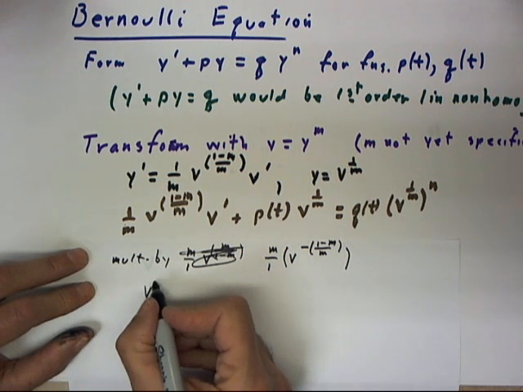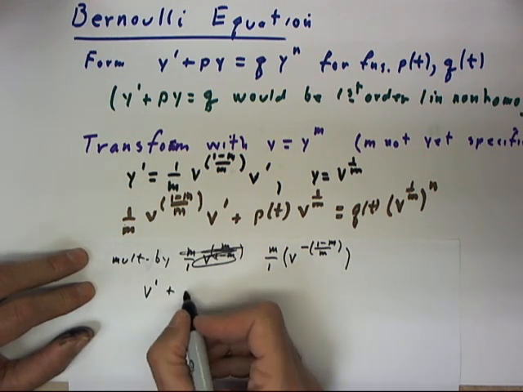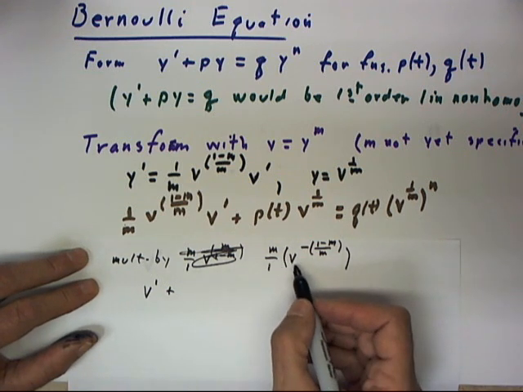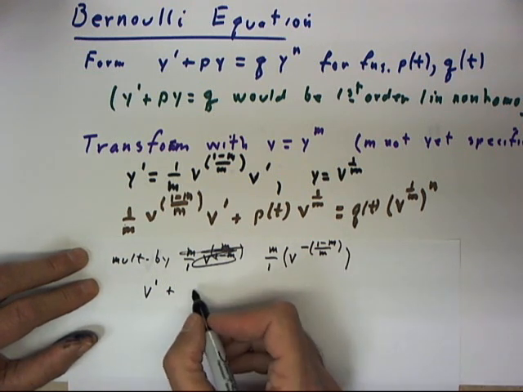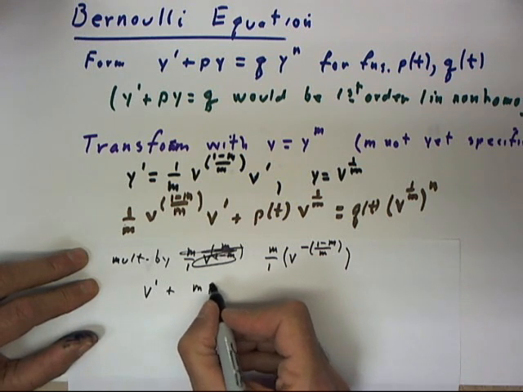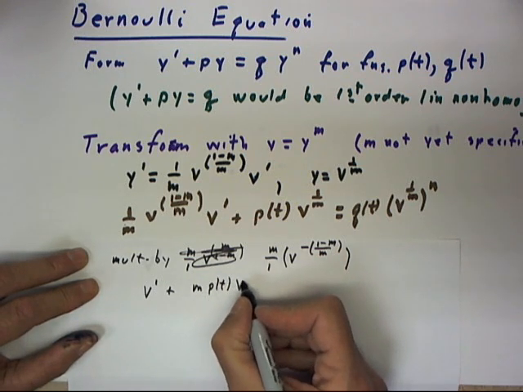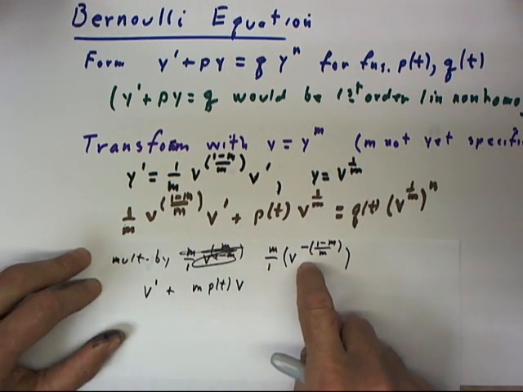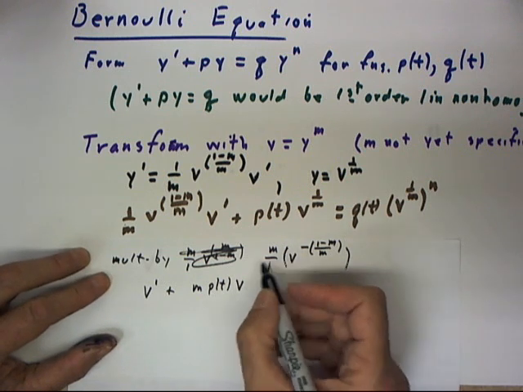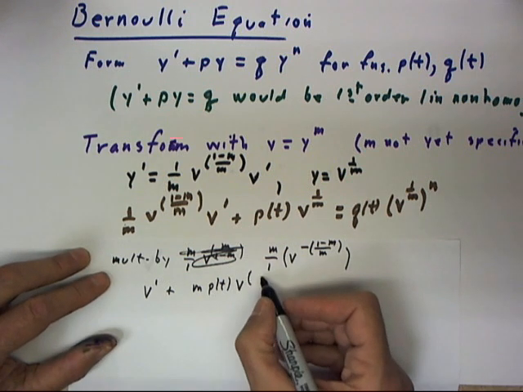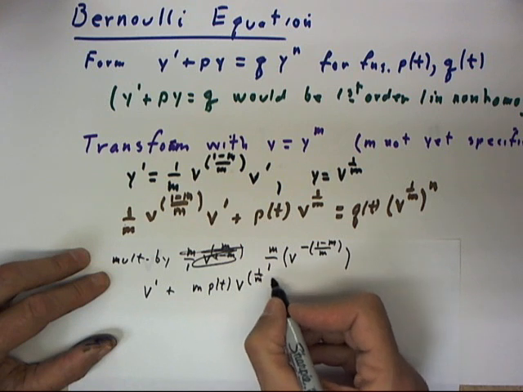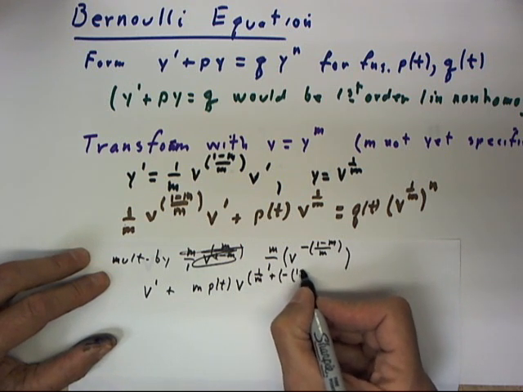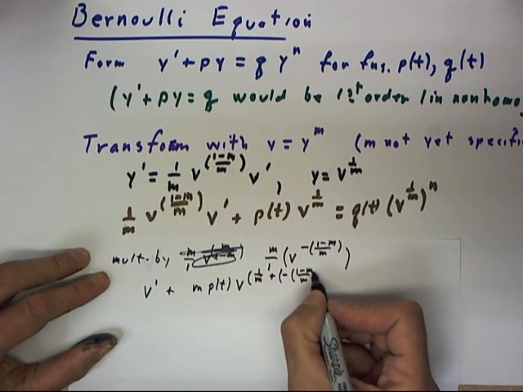Now when we do that, what are we going to get? We're going to get v prime here, and then it's going to be plus p of t. We're going to have the factor m, and we're going to have this. Well, that's going to give us m times p of t times v to the what power? It's going to be the 1 over m power plus this power. So it's going to be v raised to the 1 over m plus minus 1 minus m over m.